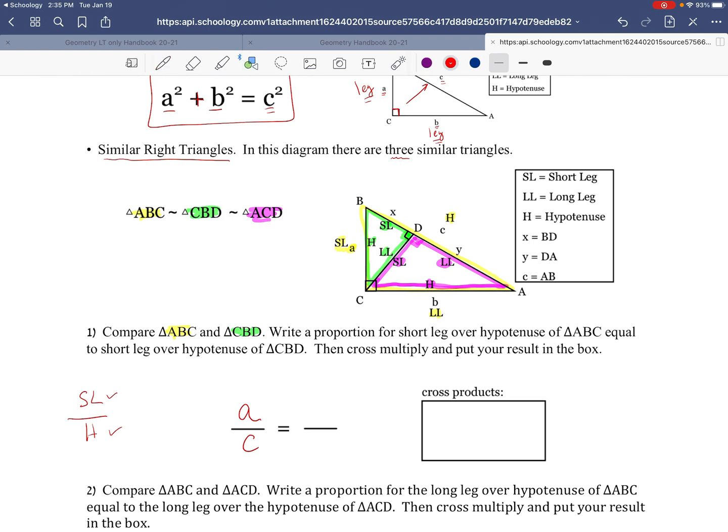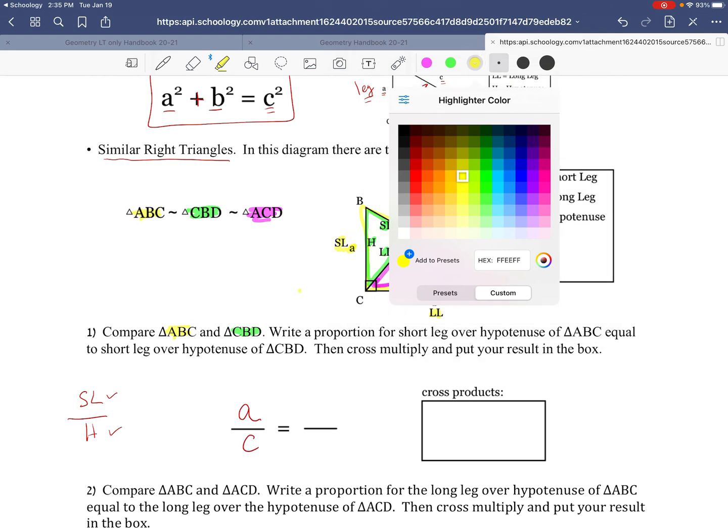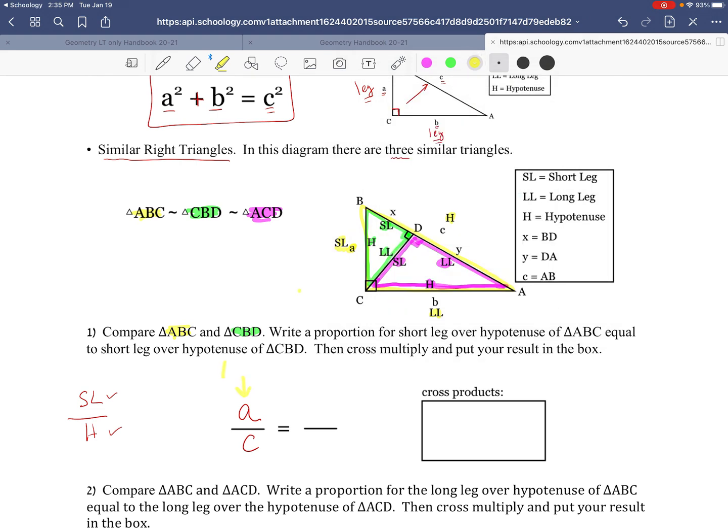So this was with regard to triangle ABC. Now I'm going to do triangle CBD, the small triangle. In the small triangle, the short leg is the value of x because that's BD. You can see that here. x is BD.